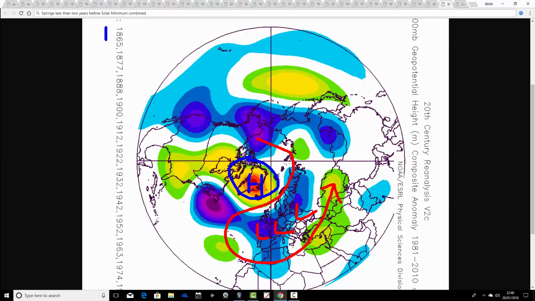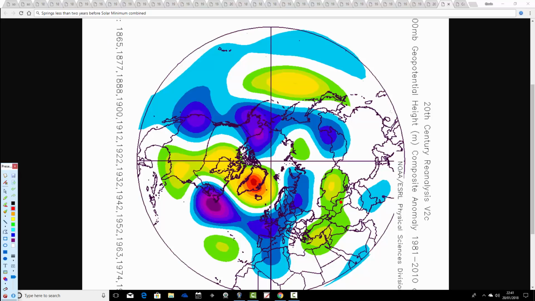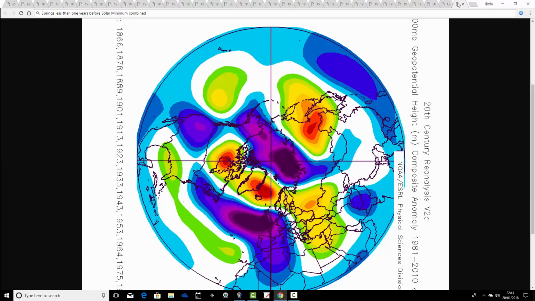But the only thing I would say about that is a lot of that is down to the first winters in the Victorian era, in the 1800s. And I think it did get a lot more variable as we came closer towards the modern sort of climate that we've got right now. Much more variable in those final 4 or 5 springs, I think.